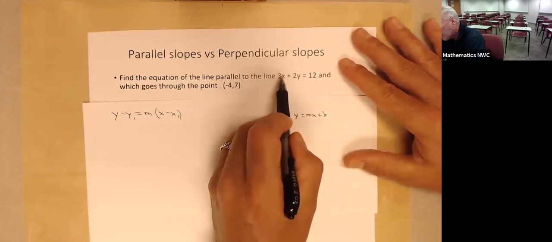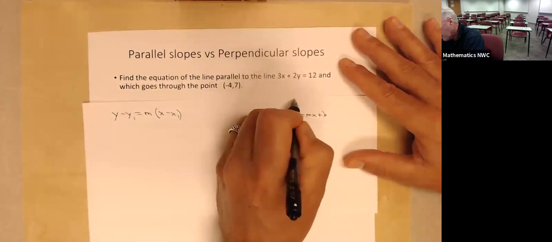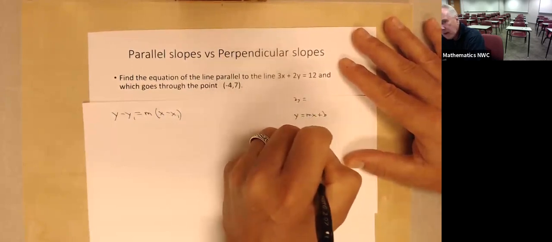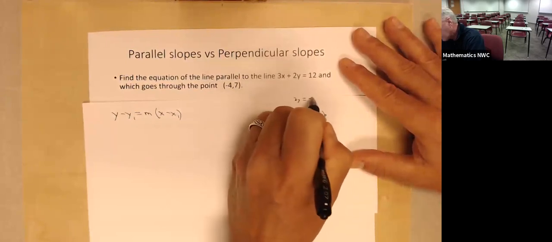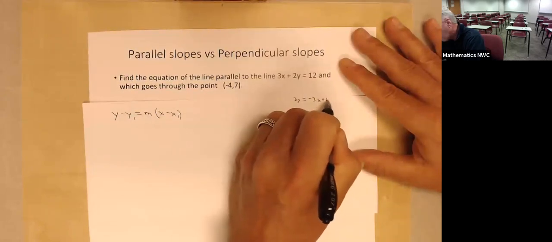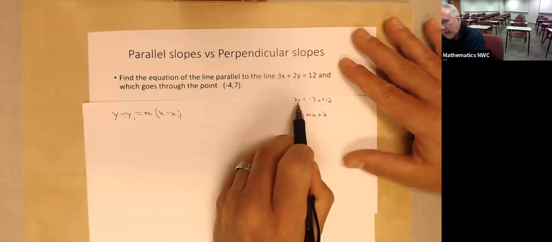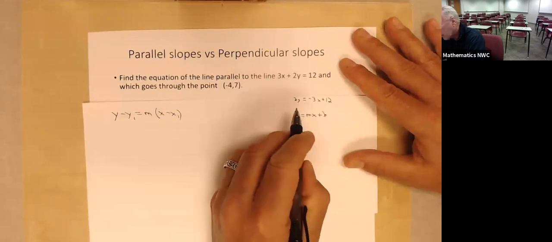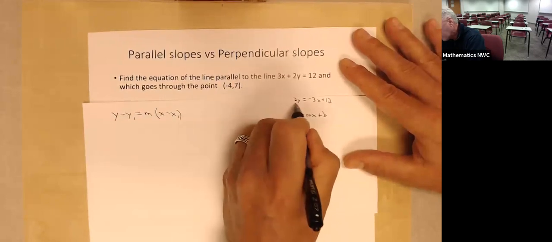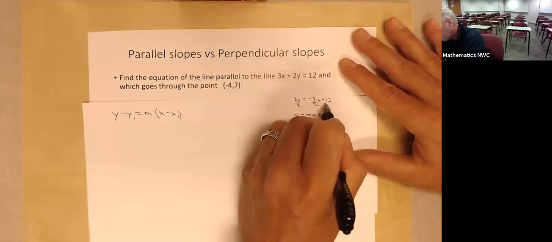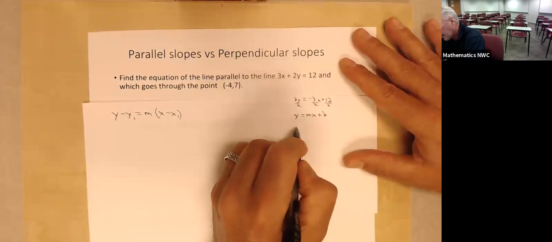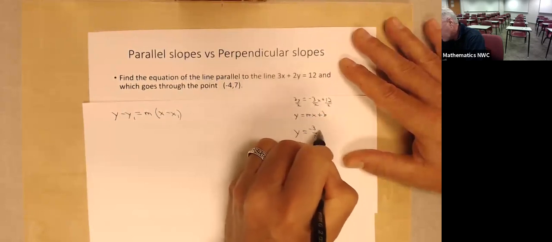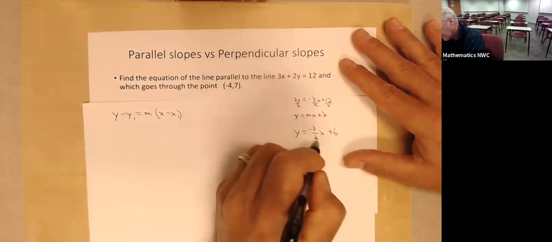So I bring this 3x over, and if I do that, I've got 2y equal to a negative 3x plus 12. Then I need to get the y by itself, so I'm going to divide by 2. If I divide everything by 2, I get the y by itself, I get a negative 3/2 x plus 6.